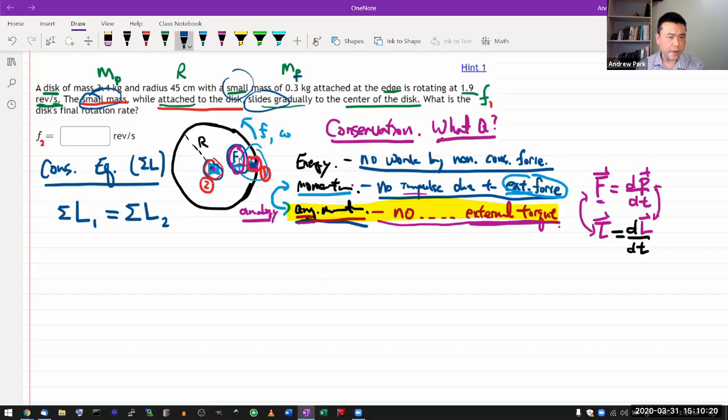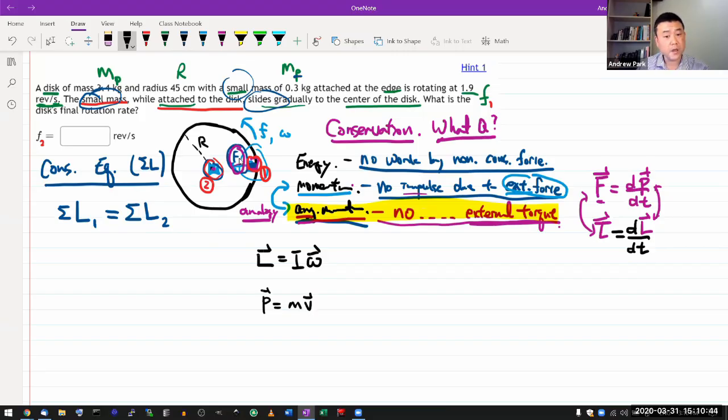Now, speaking of angular momentum, there are a couple of different ways to express it, and you can review that. One expression is rotational inertia times the angular velocity. This is the version that's analogous to momentum being equal to mass times velocity.